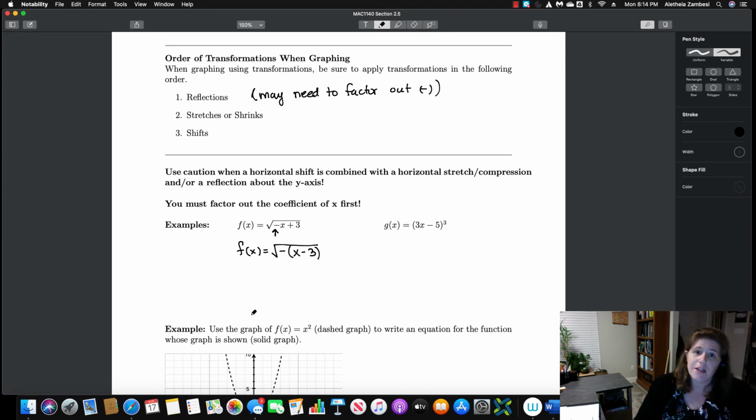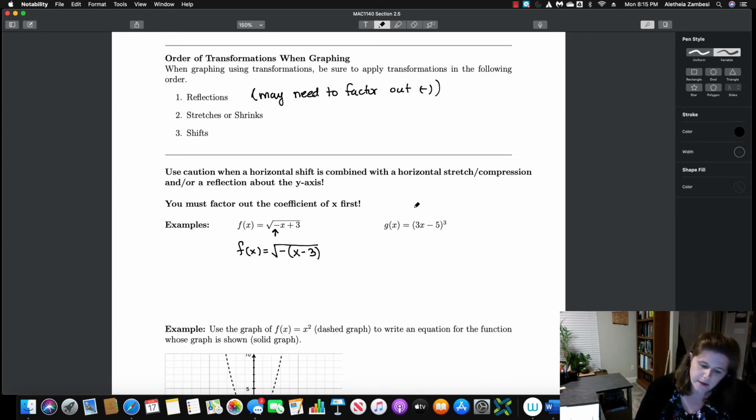So this changes the direction of the shift. So it's important that we factor that out in the beginning. Remember that negative is going to flip it over the y-axis, but now that negative 3 is going to move it in the positive direction. So you have to be careful that you factor it out first.